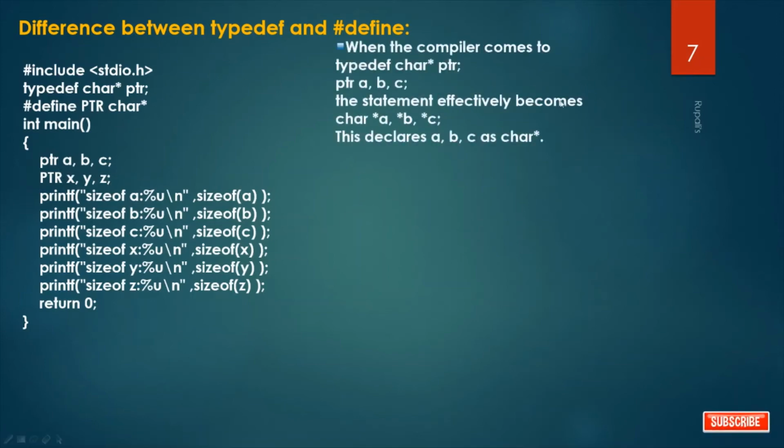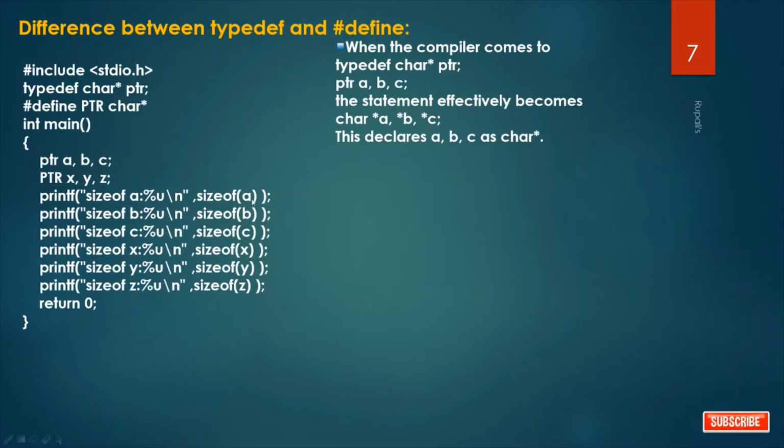First see, when compiler compiles this program, when compiler comes to typedef char star ptr, so ptr a, b, c, the statement effectively becomes char star a, star b, star c. Imagine in place of ptr char star, so it becomes char star a, char star b, and char star c.